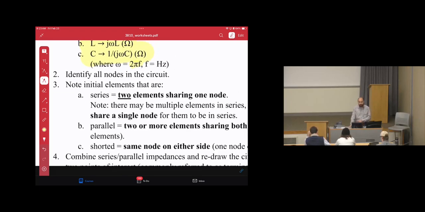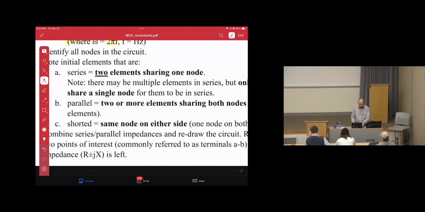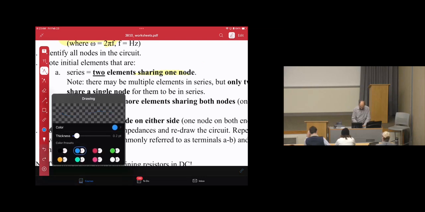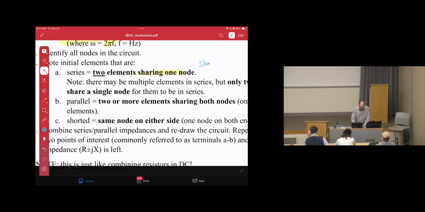The first step is to identify all of the nodes after converting everything to ohms. Two elements are in series if they share one node, and also share the same current. They are in parallel if they share two nodes, shorted at the same nodes on either side.